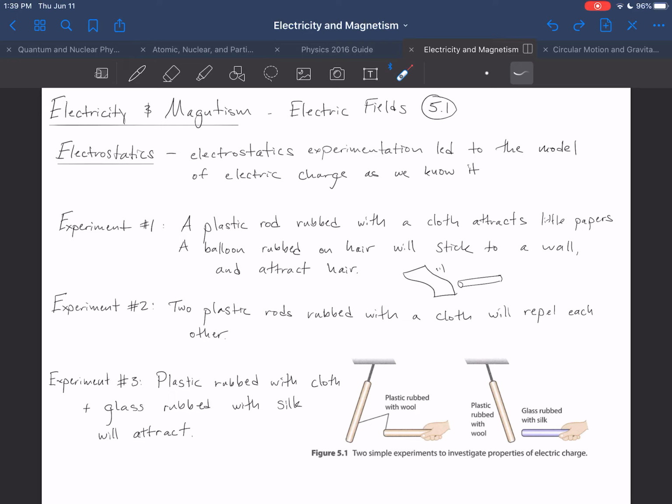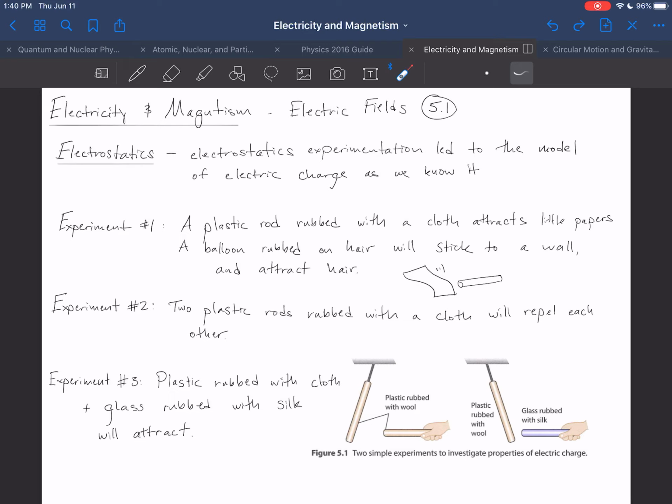In experiment 1, a plastic rod rubbed with a cloth will attract little papers. If you want to conduct this at home, you can use a plastic comb of any kind, rub it on a shirt or a blanket. If you take a piece of paper and tear it into tiny little pieces, you should find that if you take that plastic rod or comb, rub it with cloth, it will attract those tiny little papers.